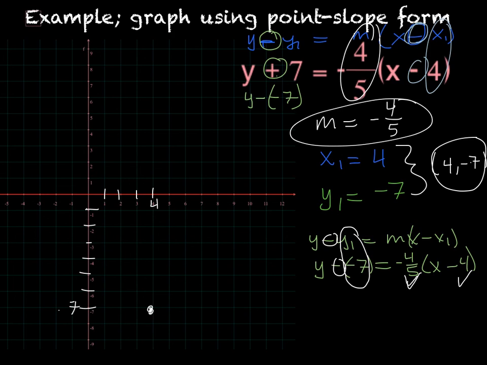So this one's going to be kind of hard to see because going down 4 would be down to negative 11, and over 5. So I would go down 4 and over 5, or you can go up 4 and backwards 5. It's the same thing. It's going to create the same line. But that's the idea on how to graph that one.